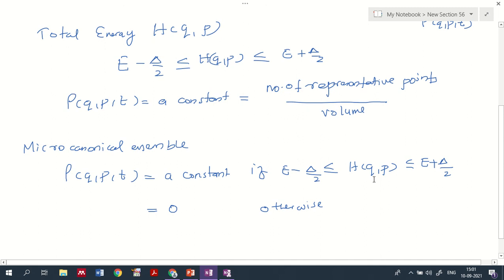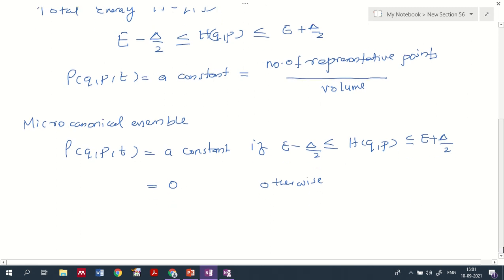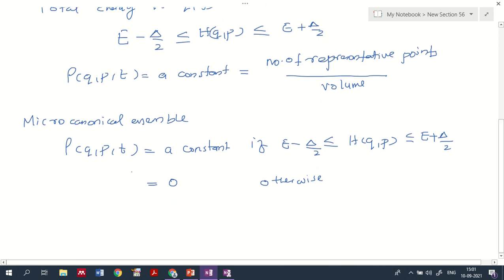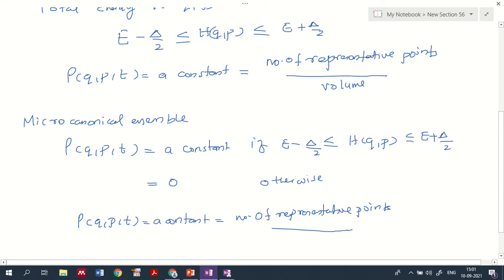And from the above representation, we said that rho(q,p,t) equals a constant. What is that constant equal to? The number of representative points divided by the unit volume.